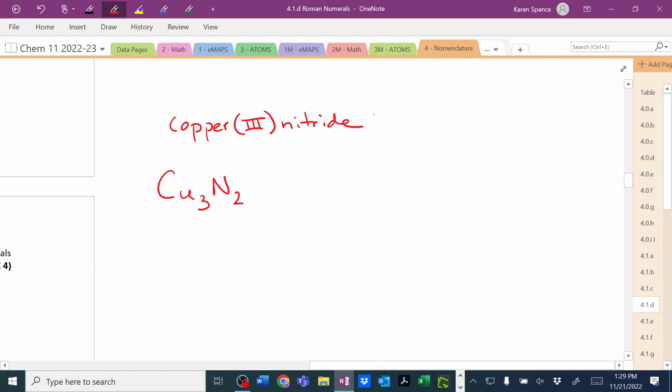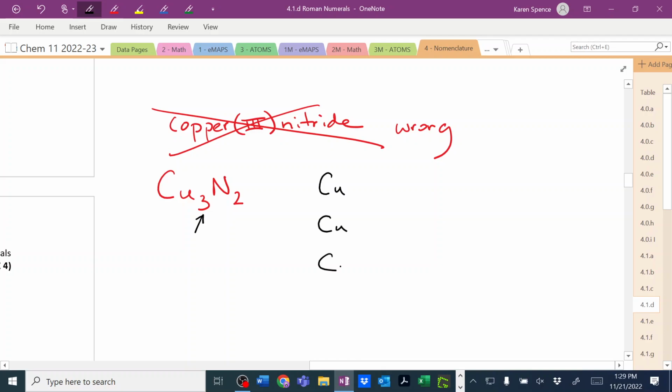No, that would be wrong. We have 3 coppers, Cu, Cu, Cu. We have 2 nitrogens, N and N.